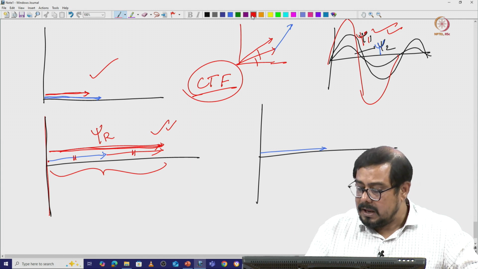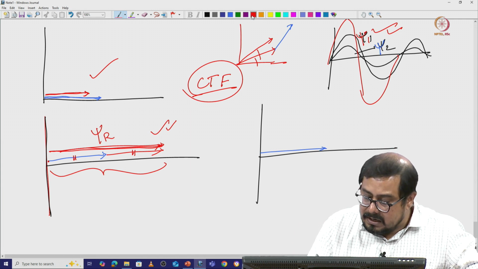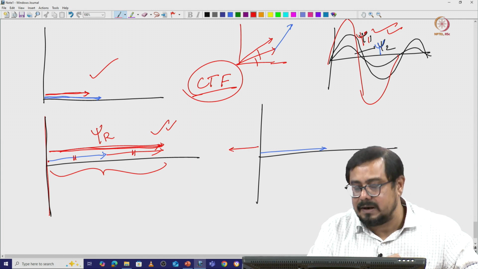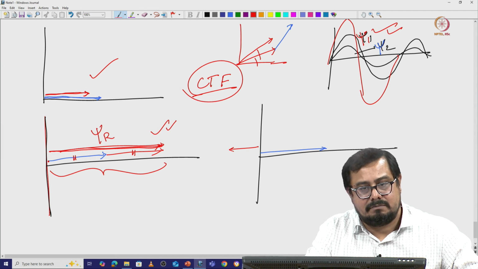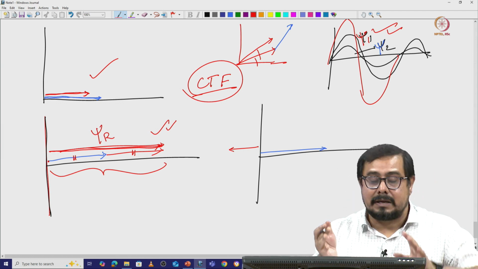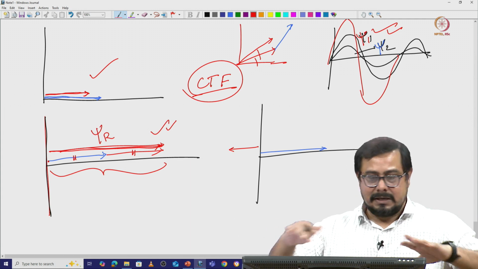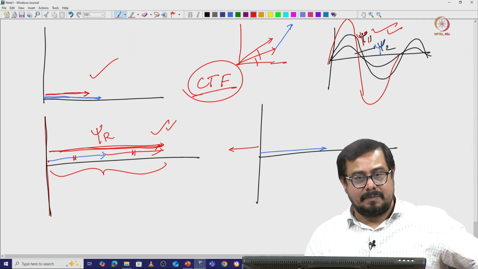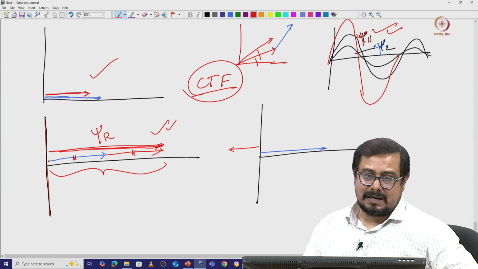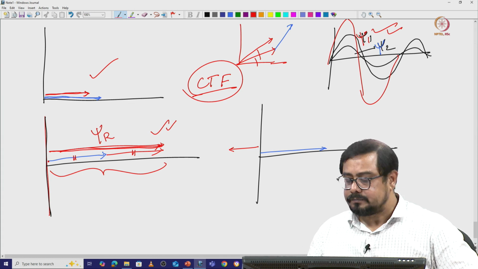What about a wave going in a completely different direction? We already discussed the negative side, the x axis, y axis. So, here the wave is going in a negative direction and we want to get the resultant vector. How can we do it?